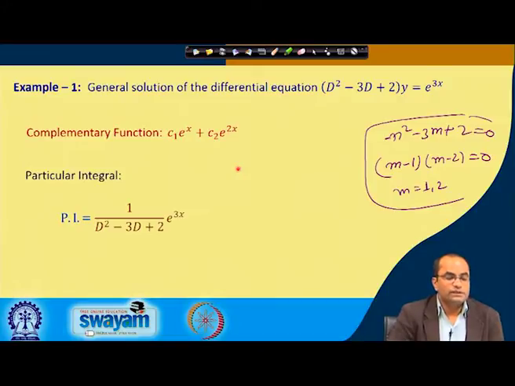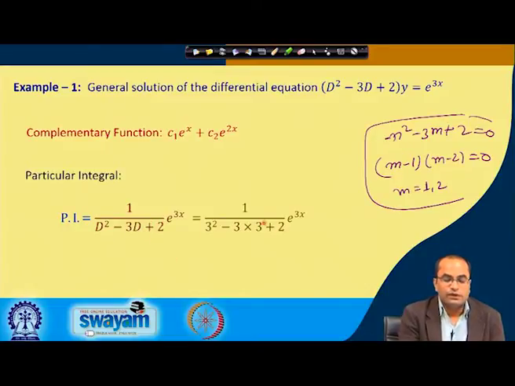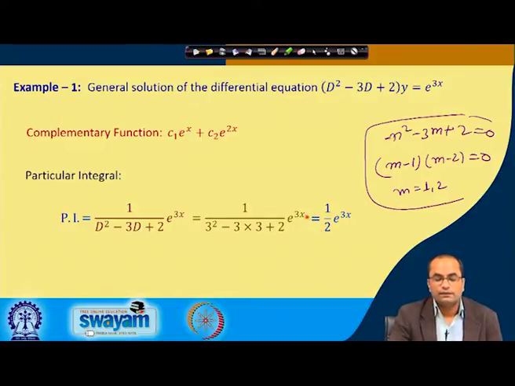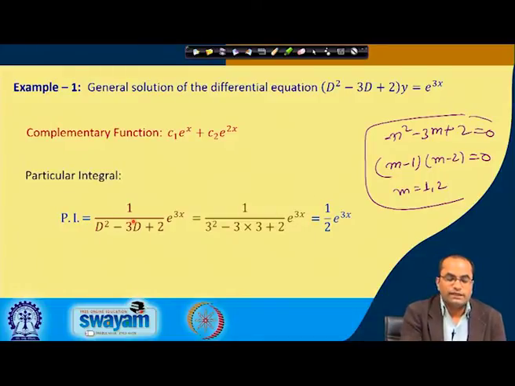Getting to the particular integral, which is already discussed now. So, 1 over D square minus 3D plus 2, that is the particular integral, operated on e power 3 x, and the trick is that we replace this D by 3. So, we have 9 minus 9 and this 2 here. So, the value will be coming as 1 by 2 e power 3 x. So, in this case this was not 0, and therefore we got this value directly by replacing D by 3; the value is 1 by 2 e power 3 x.